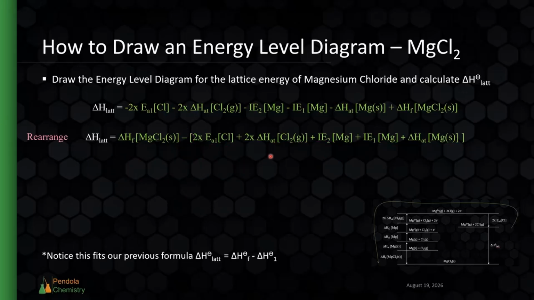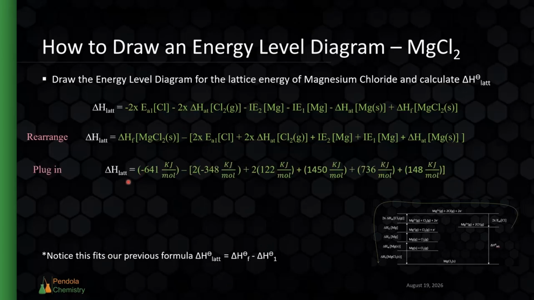So once we rearrange it, all we have to do, and again here, notice that the equation is the same. We plug in the numbers. So I have gone and gotten these. You would normally be given these during an exam. So I plug in the numbers for the enthalpy change of formation of magnesium chloride, the first electron affinity of chlorine, the atomization of chlorine, the first and second ionization energies of magnesium, and the magnesium atomization.